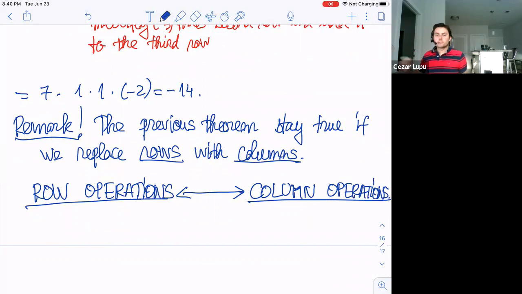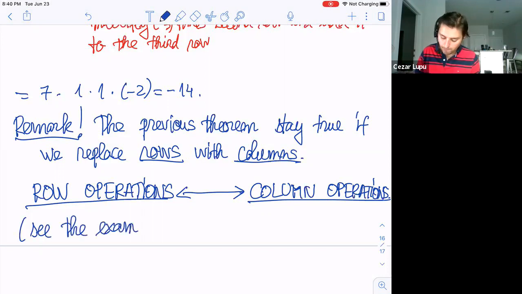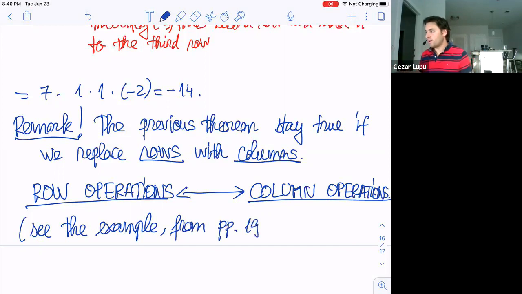And there is an example which I'm going to skip. I would like you to see the example from page 96, 19, 20, whatever you want to call it.